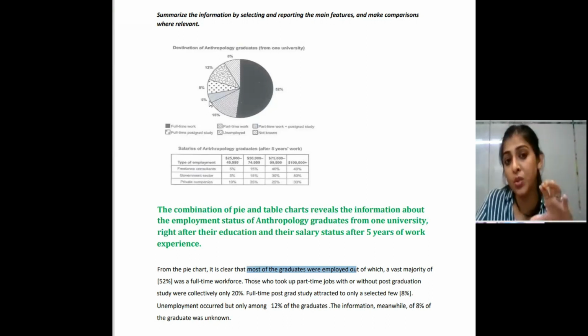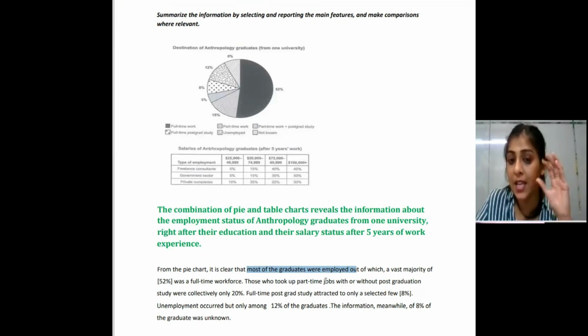Now, what I'm going to do next is to keep it simple. I'm going to combine these two categories here and bring the sum total of the figure. Got it? Those who took up part-time jobs with postgraduate study are 5%, or without postgraduate study, 15%.